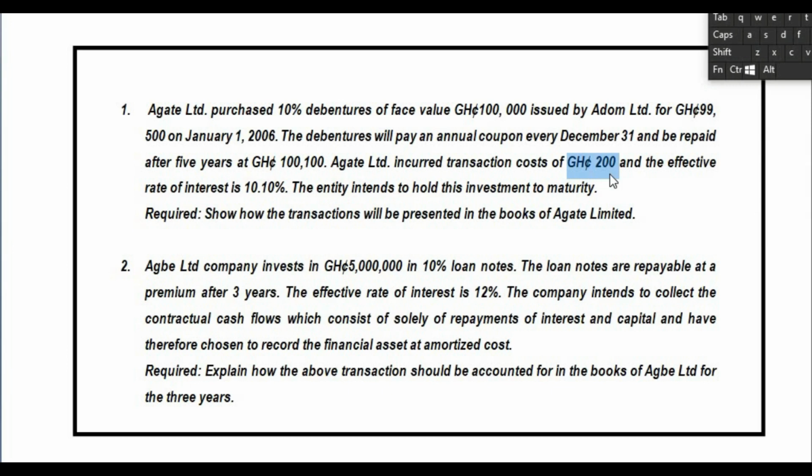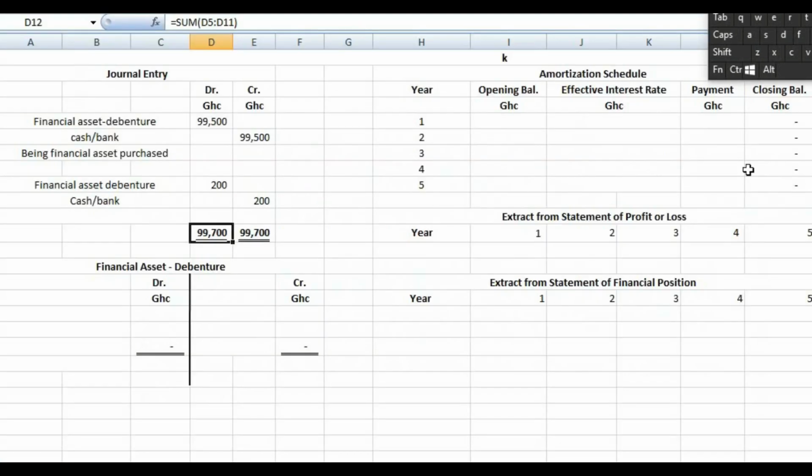So since it's a financial asset that is to be amortized, where the intention of Agate Limited is to hold to maturity, we have to capitalize it, 200. We are not going to expense it, capitalize it. And in doing so, we debit the financial assets and credit our cash. So at the end of 1st January, we are going to have 99,700 as the value of the financial assets.